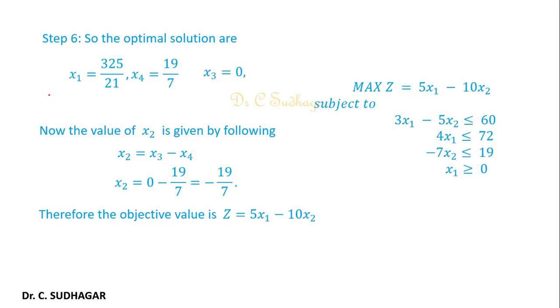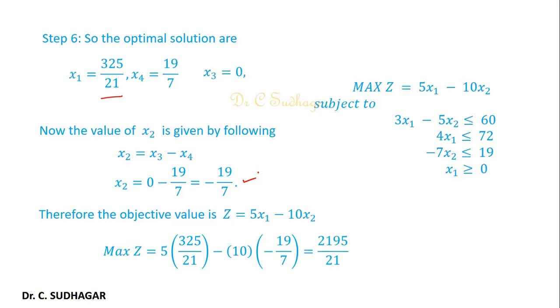So x1 we have just calculated, it is 325 by 21, and x2 we got minus 19 by 7. We have to substitute the values here: minus 10 into minus 19 by 7, giving 2195 by 21. Okay, just leave it as a fraction, no need to convert this into a decimal value. So this is the maximum value of the function.